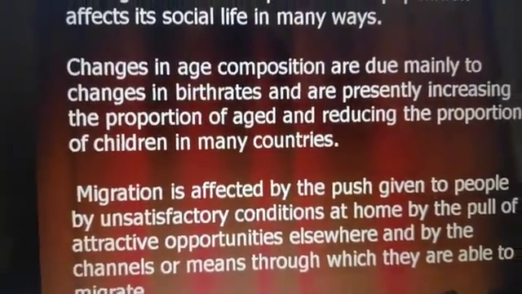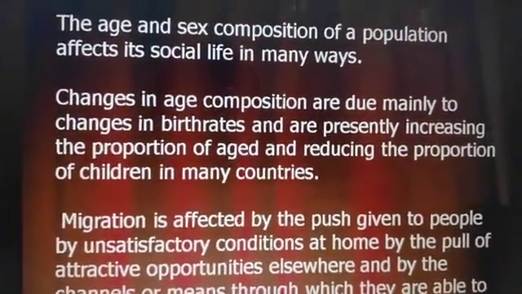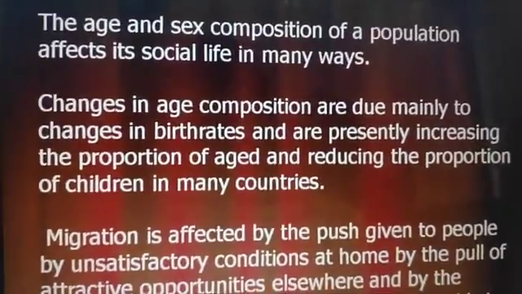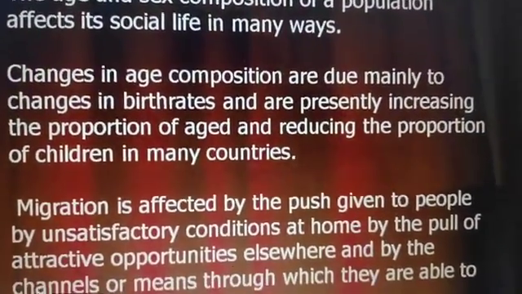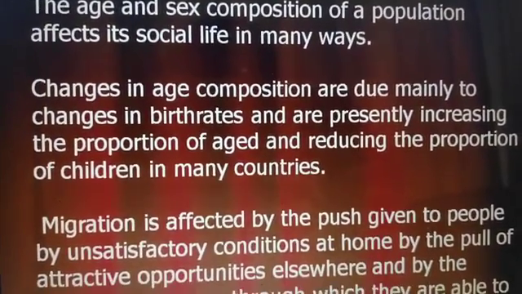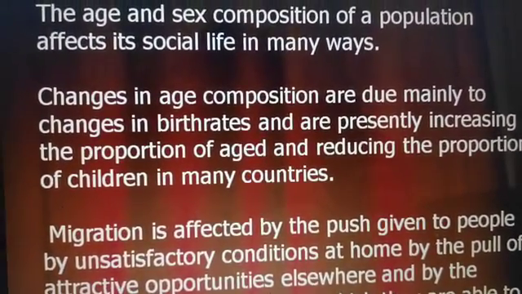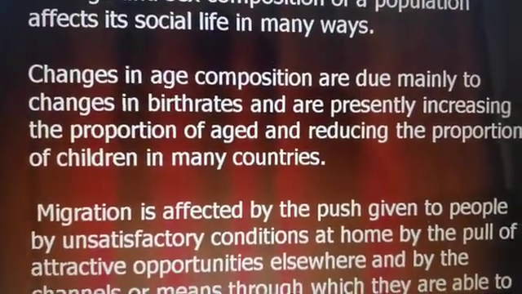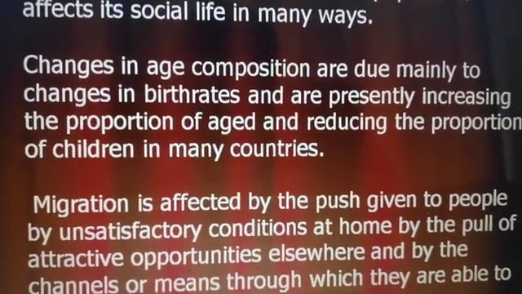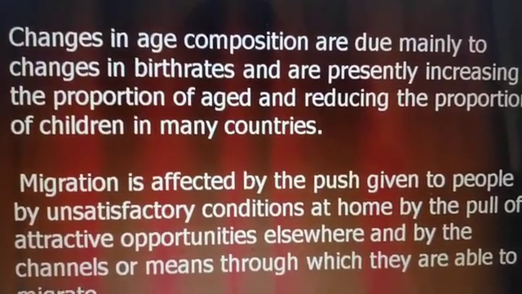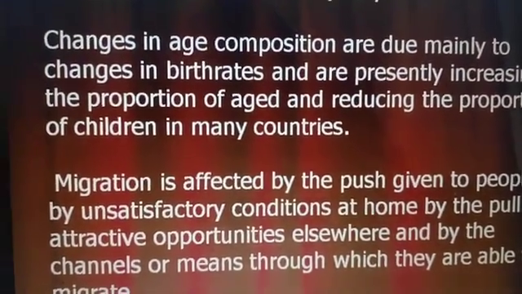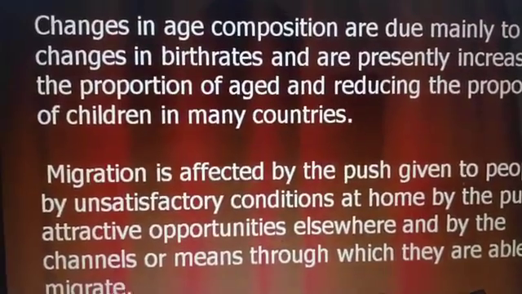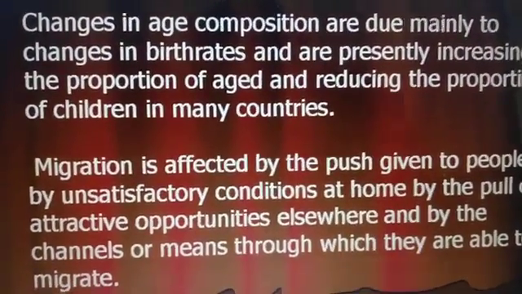Okay, and when we talk about the age and sex composition of a population, that affects its social life in many ways. Changes in age composition are due mainly to changes in birth rates and are presently increasing the proportion of aged and reducing the proportion of children in many countries. Migration is affected by the push given to people by unsatisfactory conditions at home, by the pull of attractive opportunities elsewhere, and by the channels or means through which they are able to migrate.